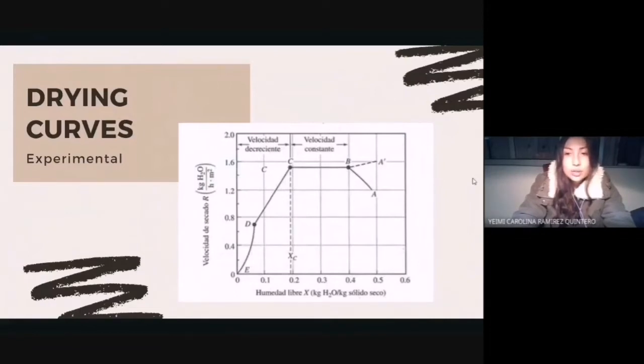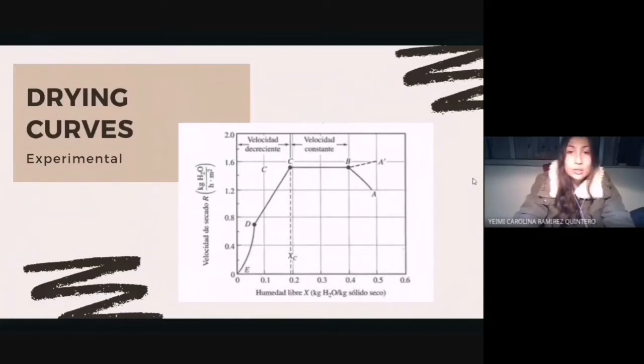In the drying of some materials, the CD region doesn't exist, or it constitutes the entire period of decreasing rates. This decrease is a critical period because the characteristics of the material depend on it. Point C in the figure corresponds to the critical free moisture content, and in this situation there is not enough water on the surface of the solid to maintain a continuous film of water.